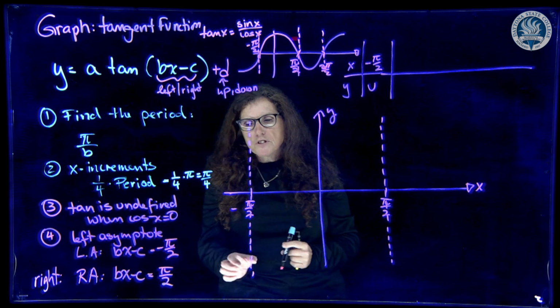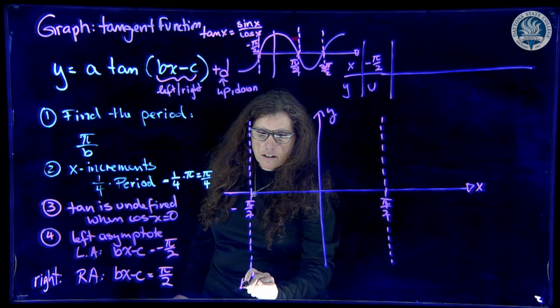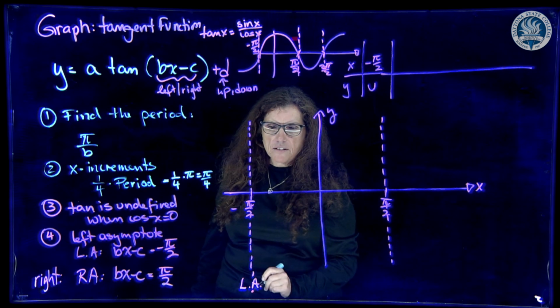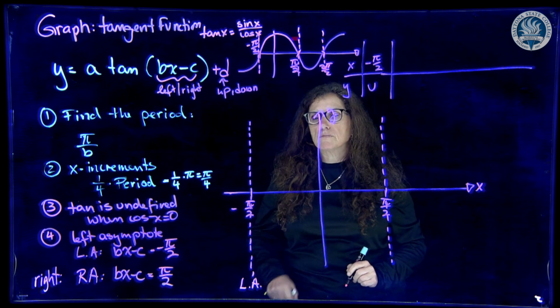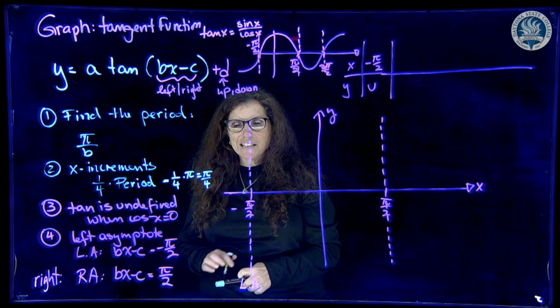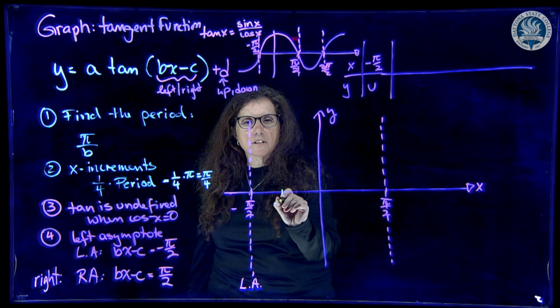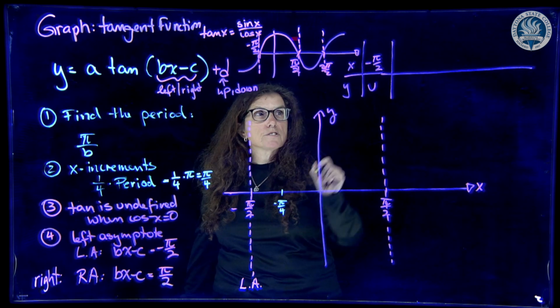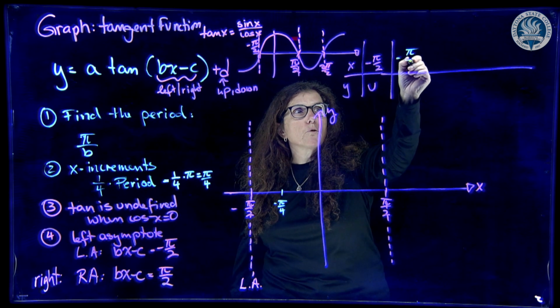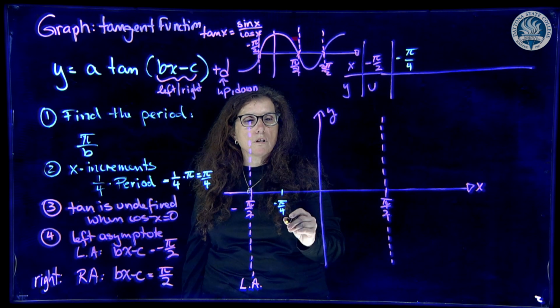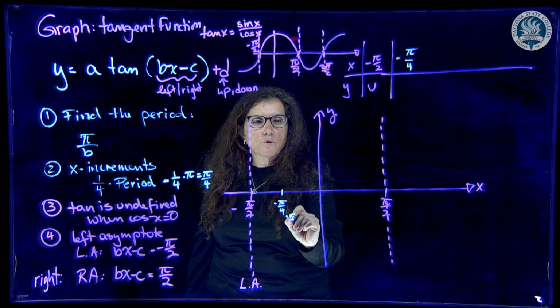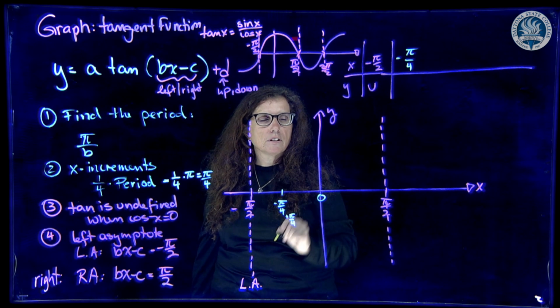So we're starting with the LA. LA is the left asymptote, negative pi over 2, and we're adding pi over 4 to it, which gets me to negative pi over 4. So that would be my next point. Negative pi over 4 plus pi over 4 is 0.